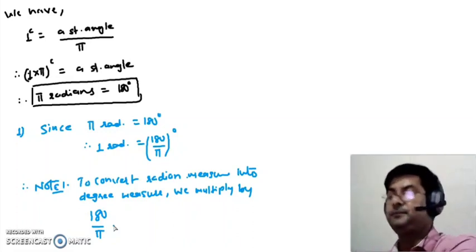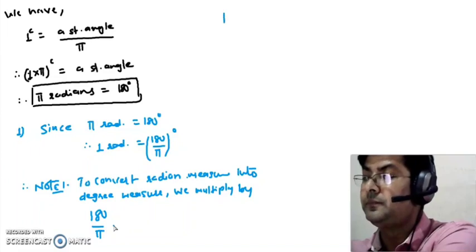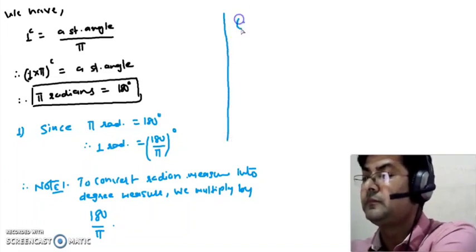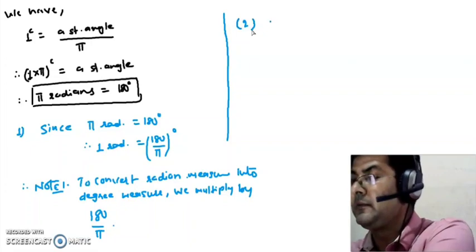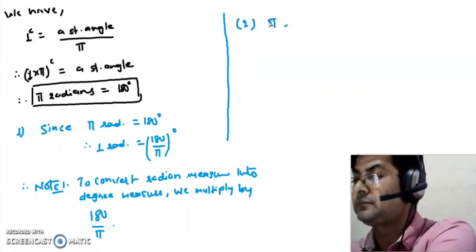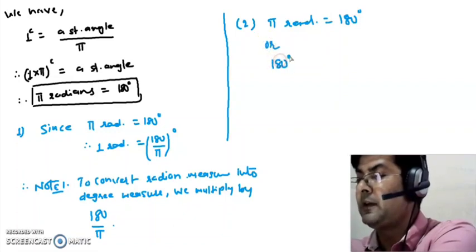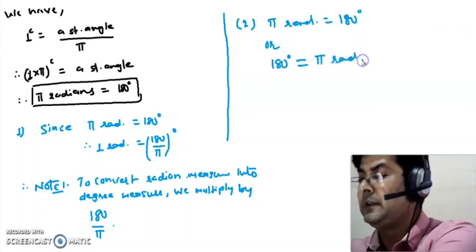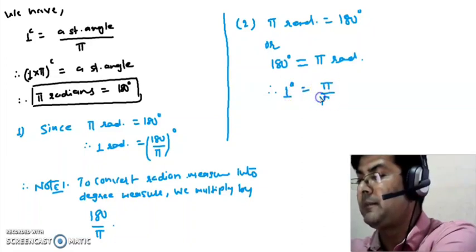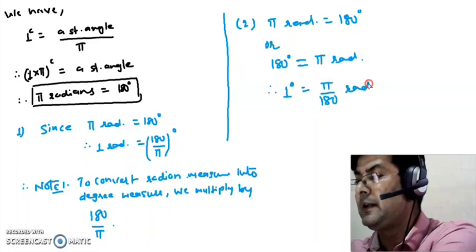Again, number 2. Again we have pi radians equal to 180 degrees, or we can write 180 degrees is equal to pi radians, and therefore 1 degree is equal to pi upon 180 radians.